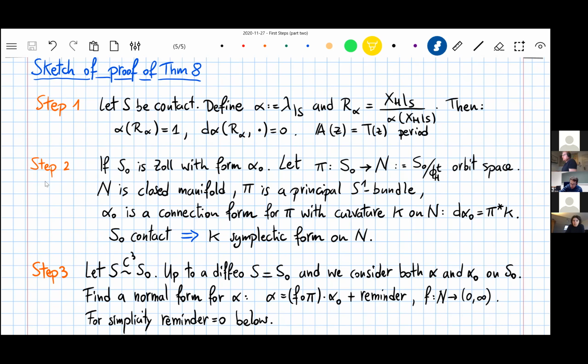So this is what is done in step 1. So we consider this alpha. And this alpha gives us a nice way to reparameterize the Hamiltonian flow, just by dividing by alpha of X_H. Now we know that alpha of X_H is positive because it's contact. So this is something you can do.